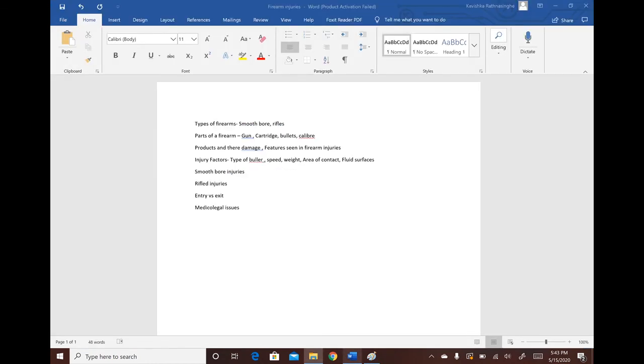So far we have talked about types of firearms, smooth bore and rifles, and parts of a firearm: gun, cartridge, bullets. Caliber means the size of the bullet, basically, or the caliber of the barrel's minimum diameter. I'll touch on caliber again.